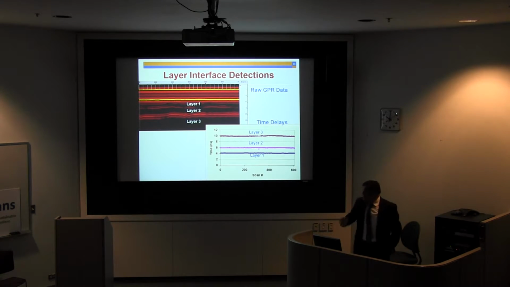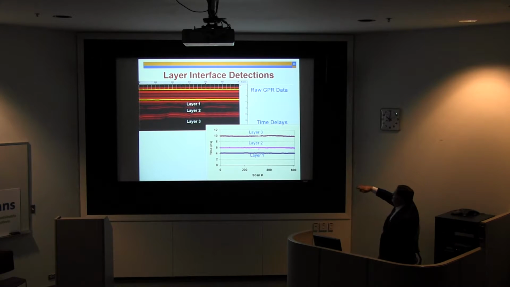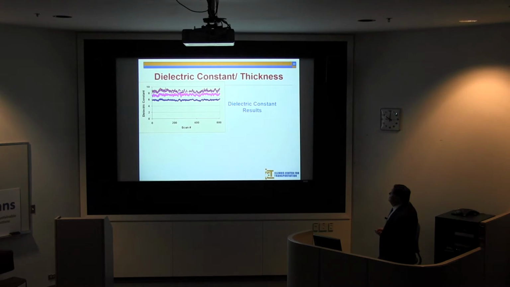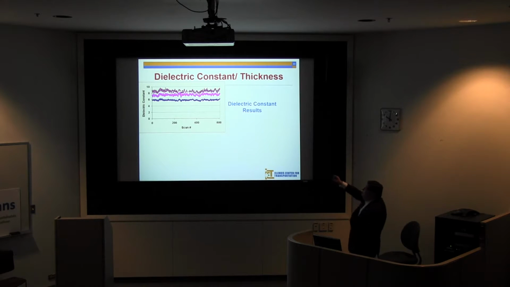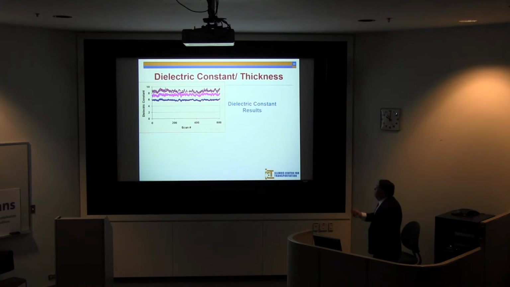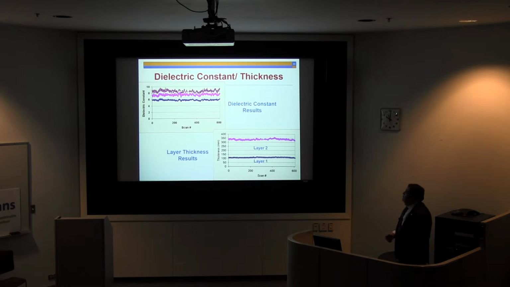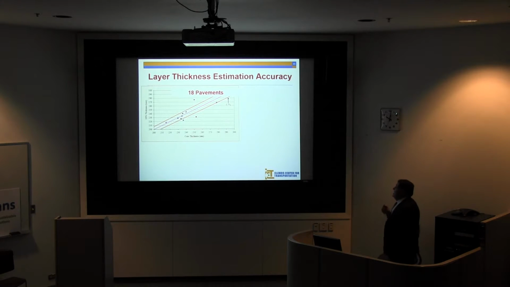By doing this, we'll start having the different layers based on the time domain, as you can see on the left. The time domain we can now use to calculate the dielectric constant. This here is the dielectric constant, and you can see they vary quite a bit. They have some difference because it's a completely inhomogeneous material, and from that you will be able to calculate the layer thickness result. So we have a program that will allow us to do this.